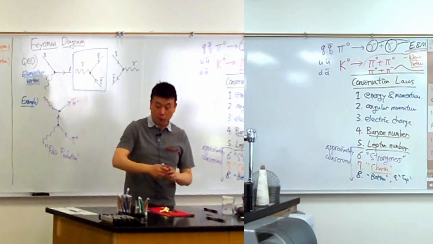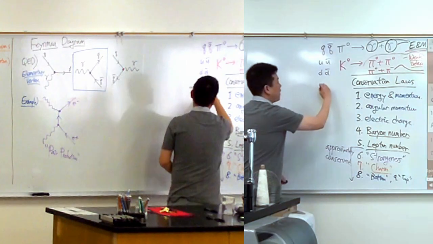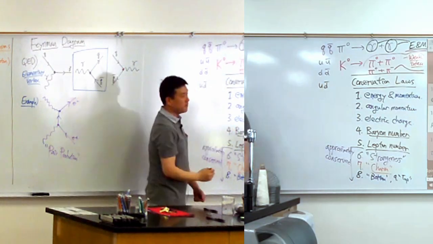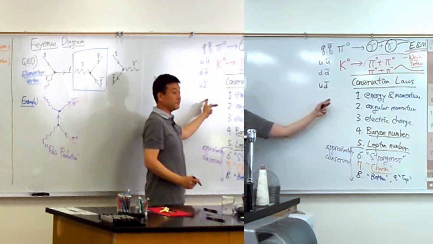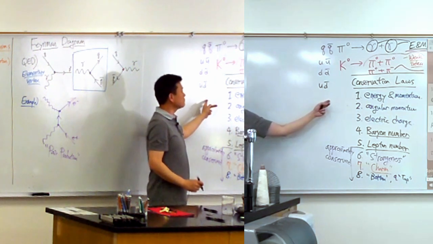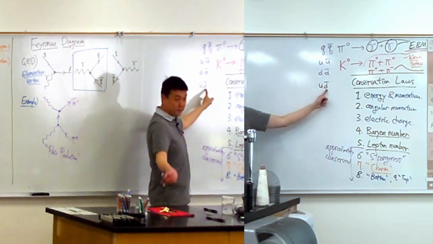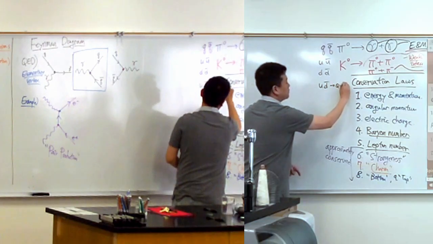If you have a different combination of up and down quarks, as in if you have up and anti-down, is this going to be positively charged or negatively charged? Positive, right? Plus 2/3, minus of minus 1/3, so plus 1/3. So this will end up with a Q of plus 1.